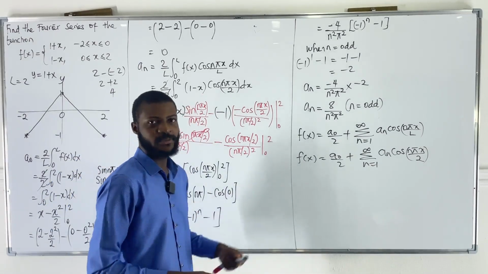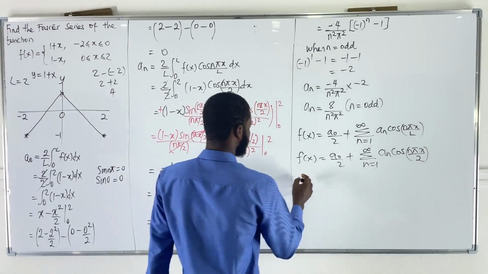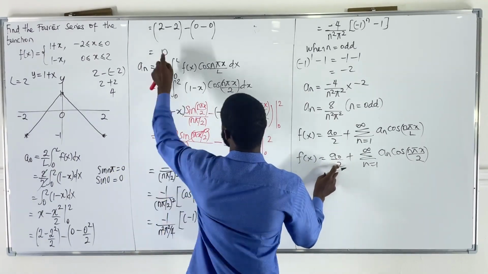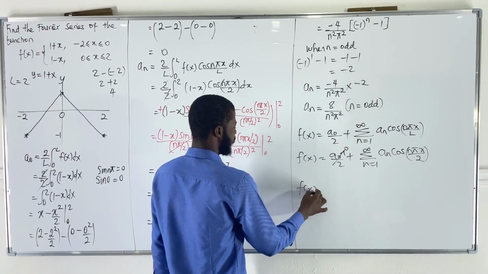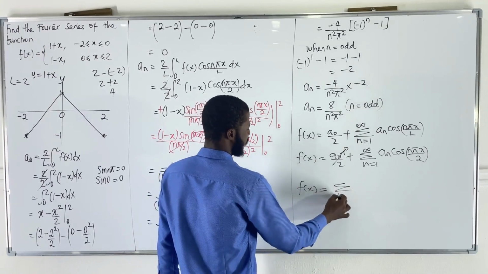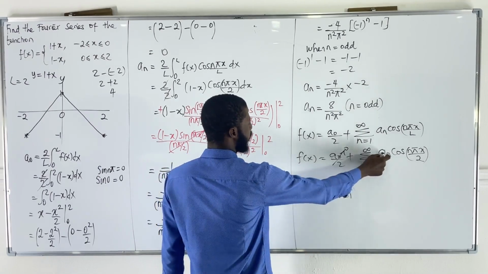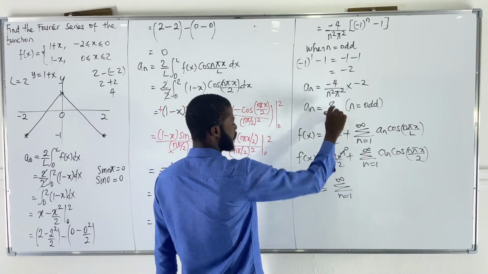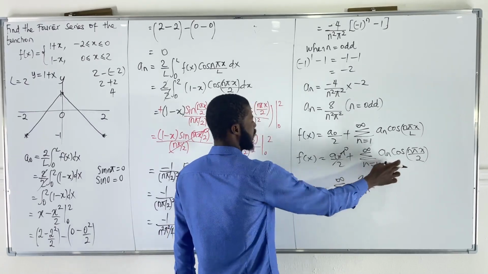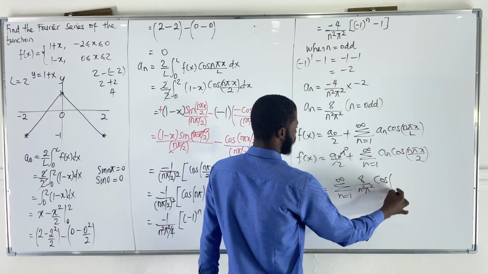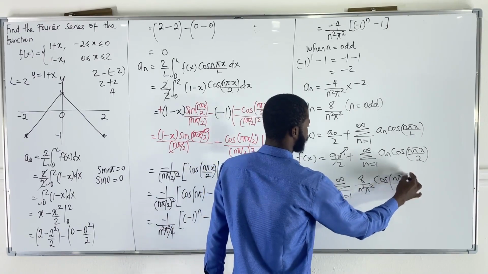Now finally, let's put in the numbers that we have. a naught over 2, a naught is 0, so this one is gone. So f of x equals the sum from n equal to 1 to infinity. Now a sub n is this value, 8 over n squared pi squared, then put in your cos n pi x over 2.